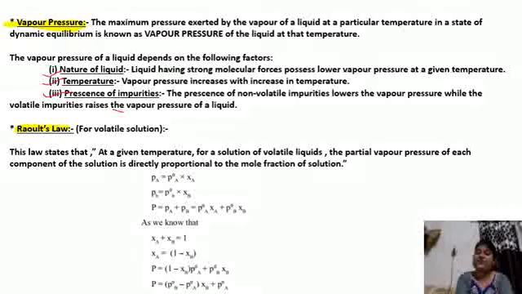If I give you the bottle of perfume and ask you to open it and just put it on the floor, or anywhere in the house, after some time, the bottle that was completely full you will find empty. Why? Because the whole perfume gets converted into gaseous state and mixes in the air. So this property is known as volatility.